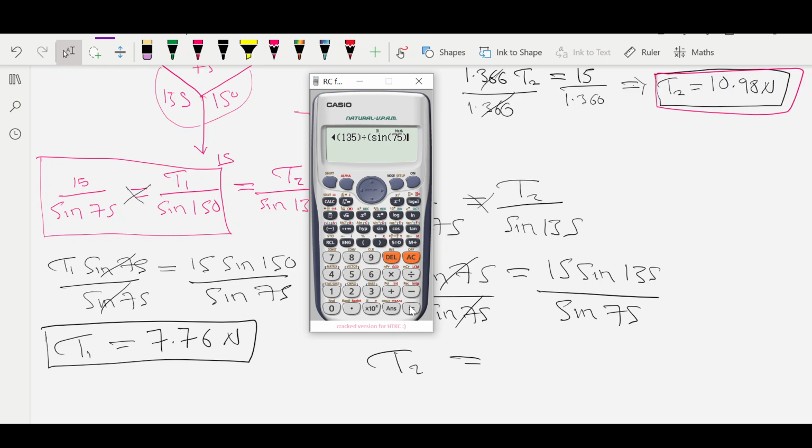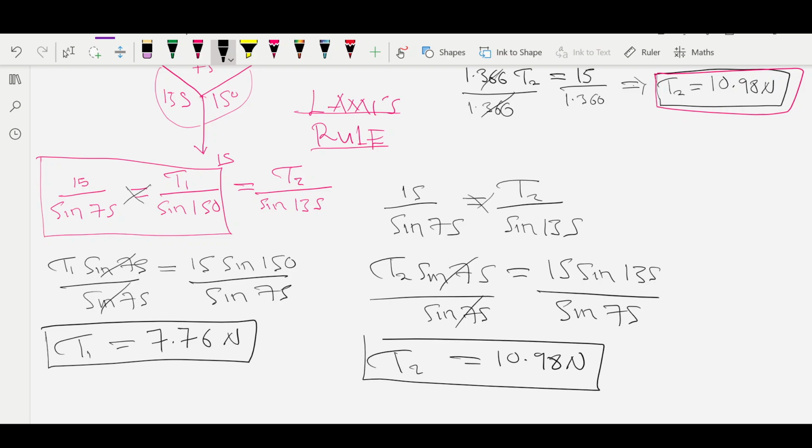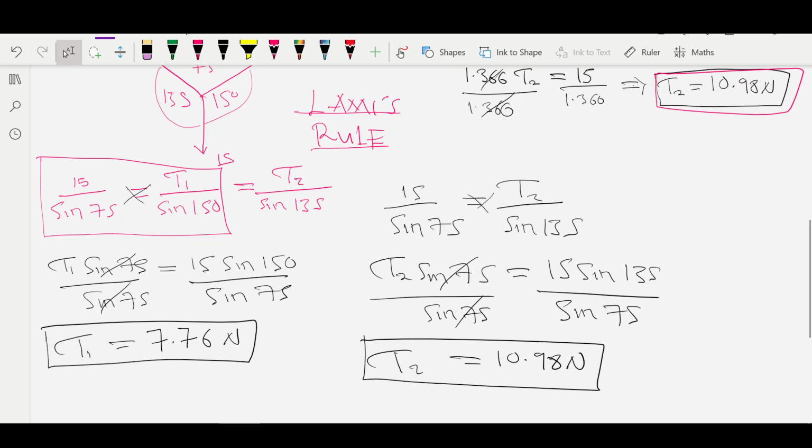Okay, and what do we have here? We have 10.98 newtons. So we have the same value. So it just depends on which method you are comfortable with. So that's it for question B.